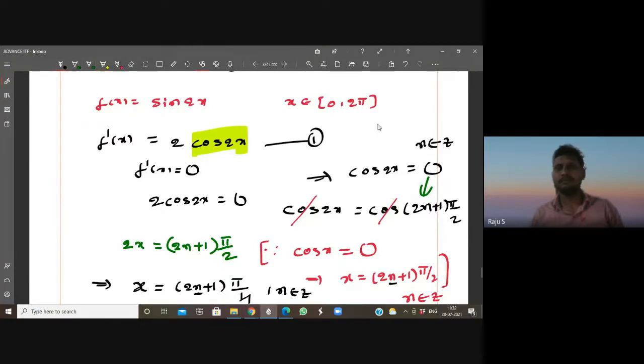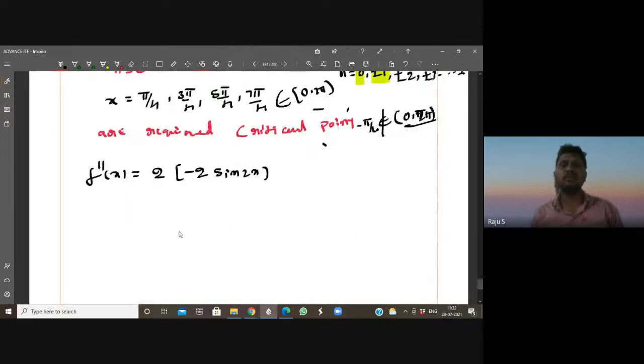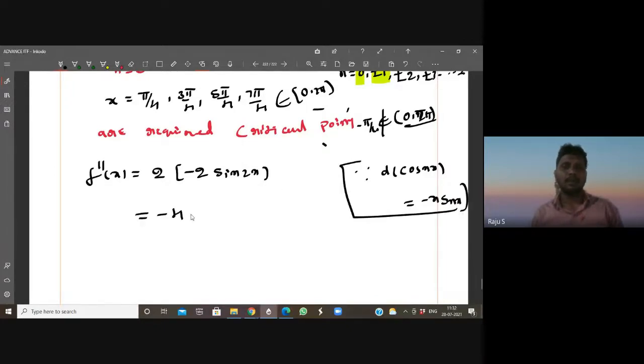Cos 2x is minus sine 2x into 2, since the derivative of cos nx is minus n sine nx. That is nothing but minus 4 sine 2x, this is f double dash of x, right?